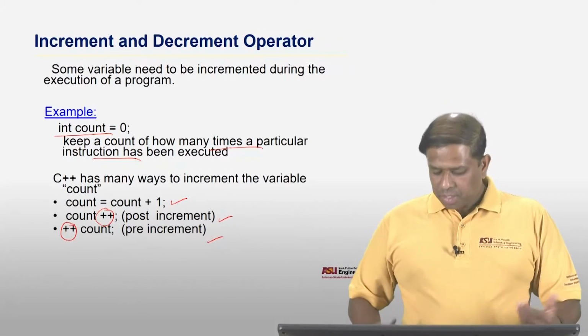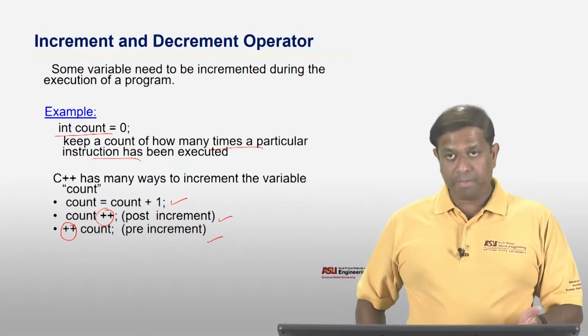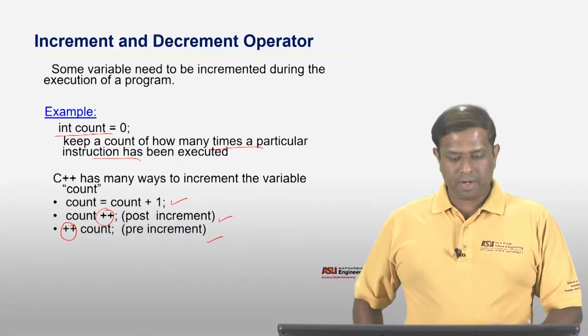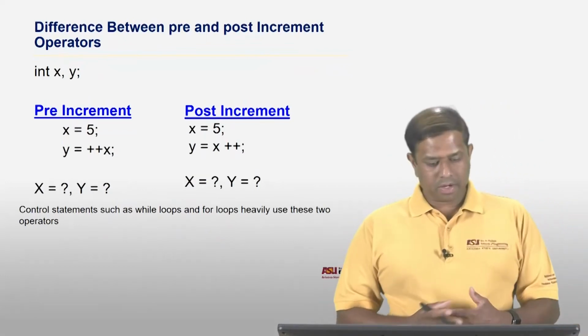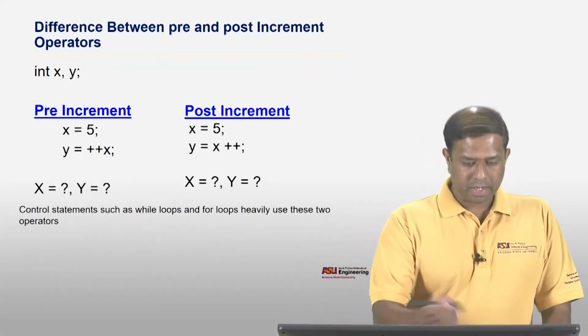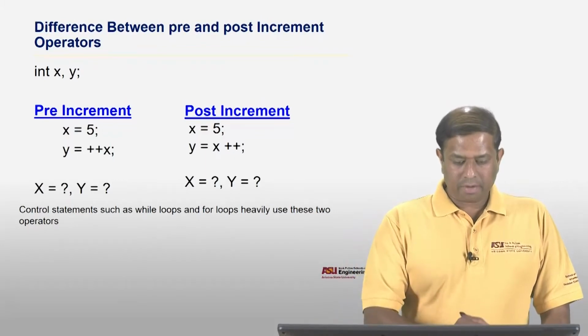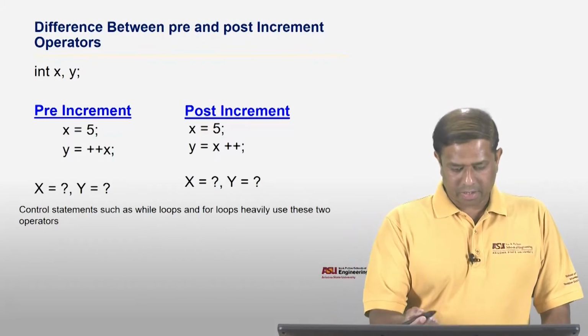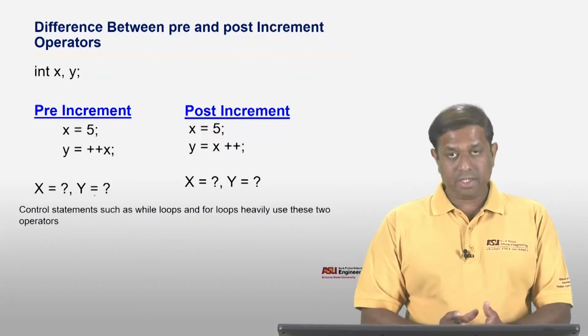So let's take a couple of examples and see how pre and post increment work when we put them in an assignment statement. Suppose we have 2 integer variables x and y, and we are assigning 5 to the integer variable x. Let's walk through this example and see what happens to x and y.